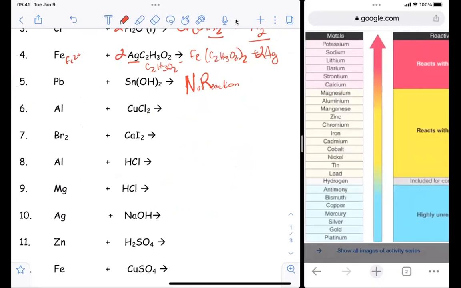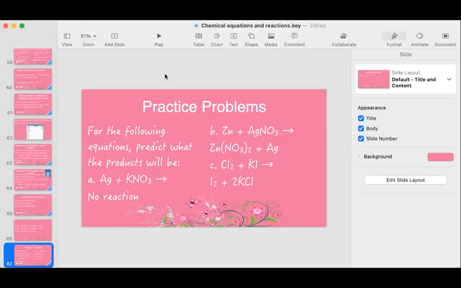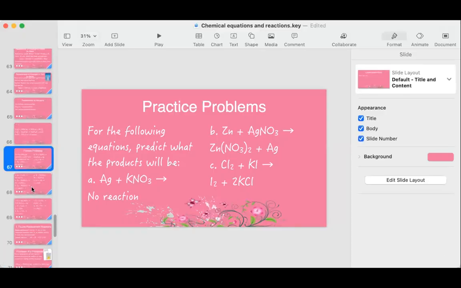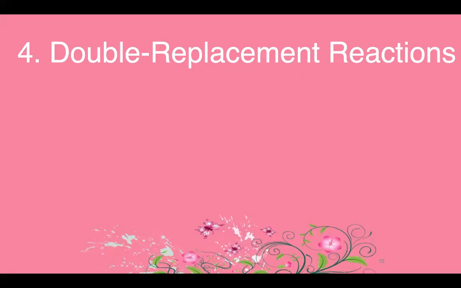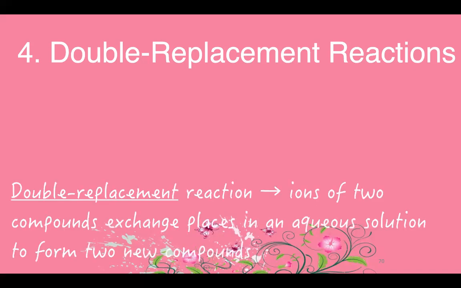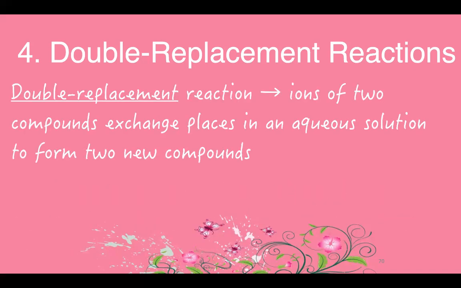I'm going to go back to deal with double replacement. Here we go. Double replacement, in my opinion, is the easiest of the 5 types of reactions because of the type of equation that you see. In a double replacement reaction, you have ions of 2 compounds.